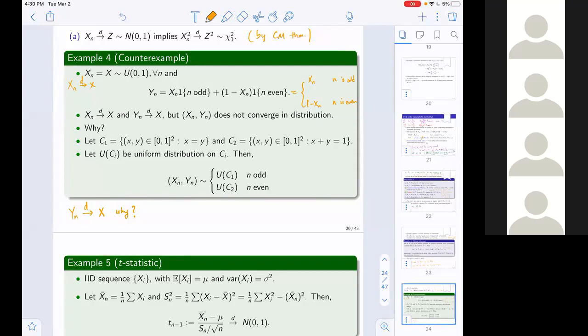Anyone? So what is the distribution of 1 minus Xn?